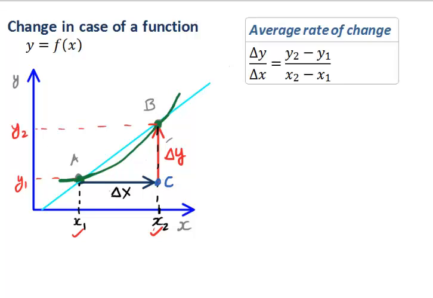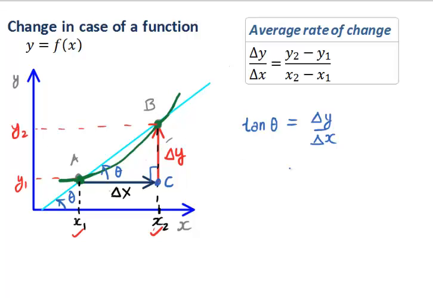C here. In right angle triangle ABC, you can see delta y by delta x is tan theta of this angle. Let's call this angle theta. So we have tan theta equal to delta y by delta x. Now, this is actually the slope of line AB.